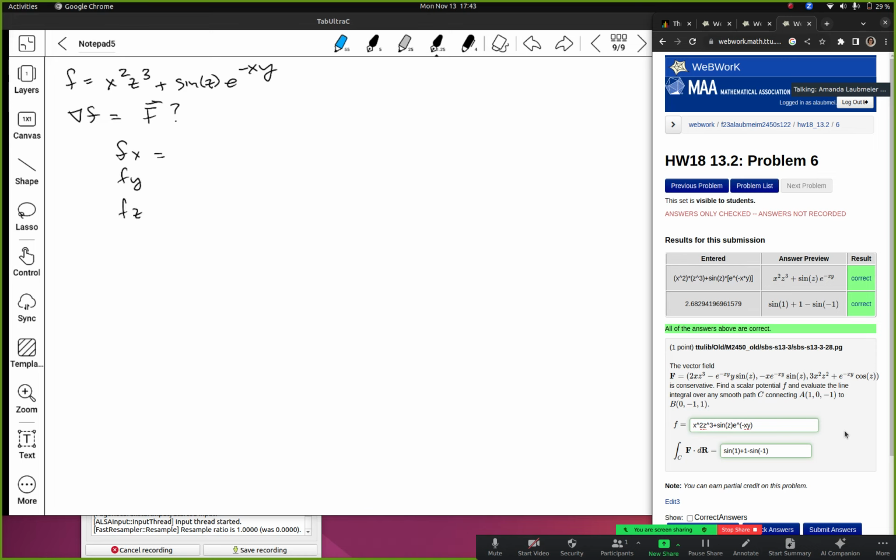So the derivative with respect to x of x squared z cubed: x squared gets me 2x, and z cubed is a constant, so it stays there. And when I take the derivative of sine z e to the minus xy, sine of z is a constant as far as x is concerned, so it stays.